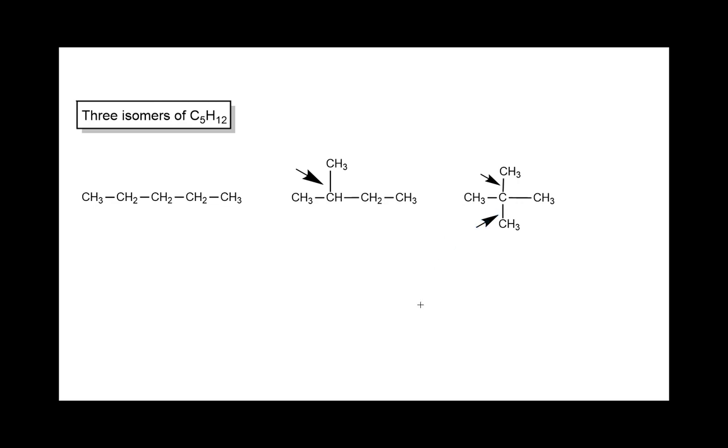And so if we were to rank these here, we would expect the compound on the left to have the highest boiling point, which it does, of these 3. And then this compound of the 3 would have the lowest boiling point because it has the most branching. And the compound in the middle would have a boiling point in between these 2.